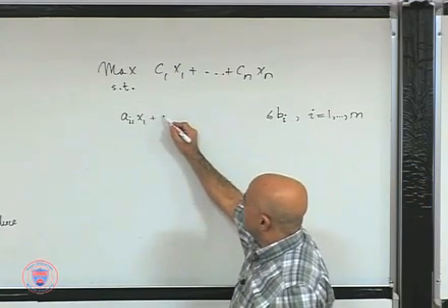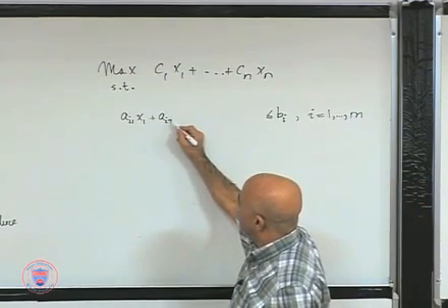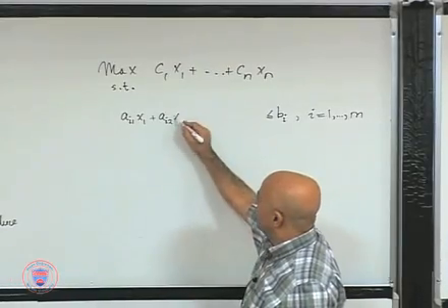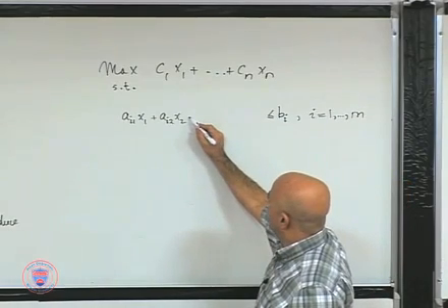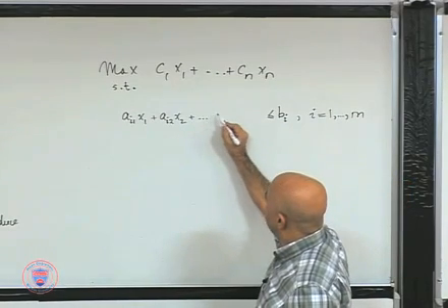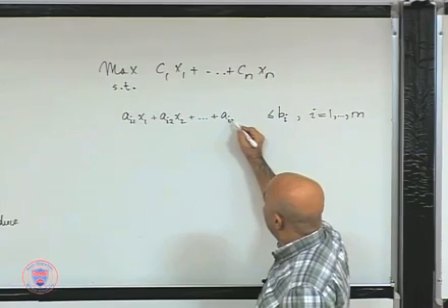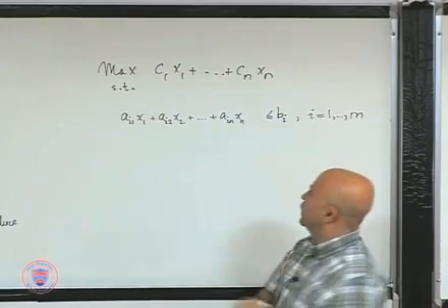The second product will consume Ai2 per unit, but then you produce X2 units, so that's the total that comes from that portion, etc. So each one gives you that.